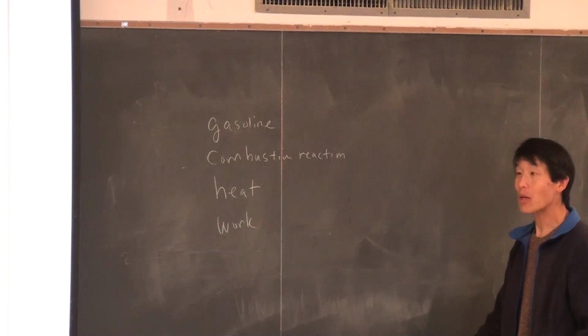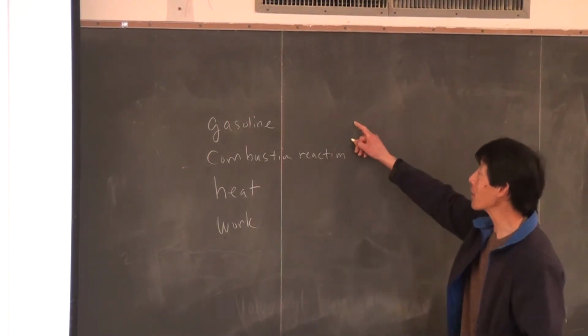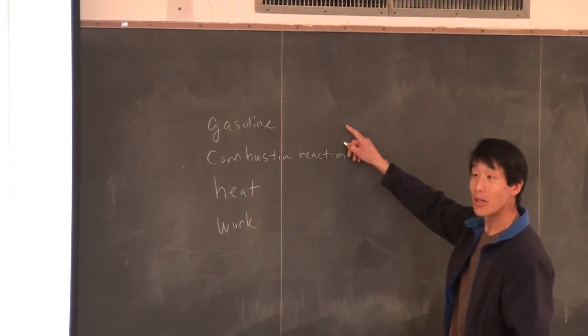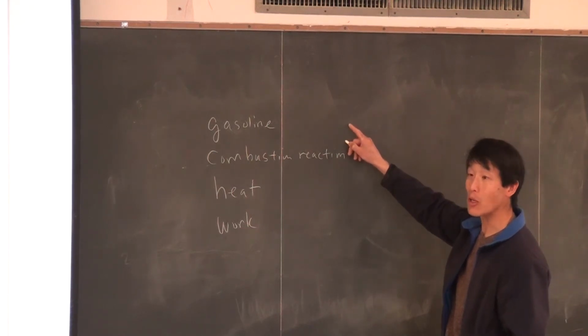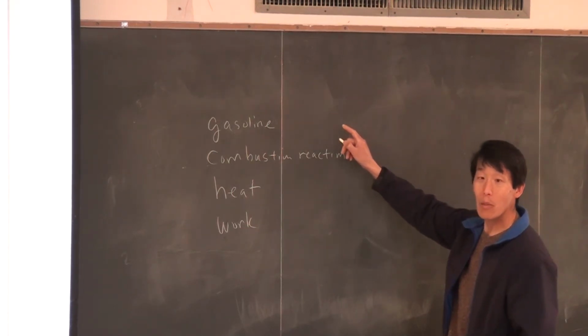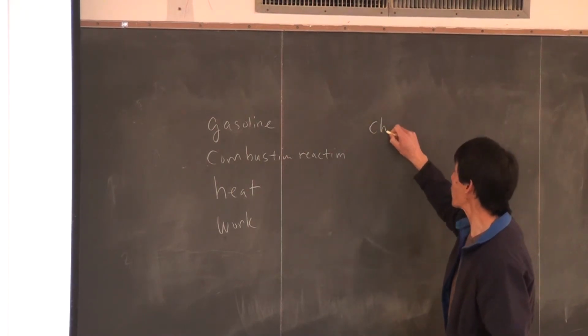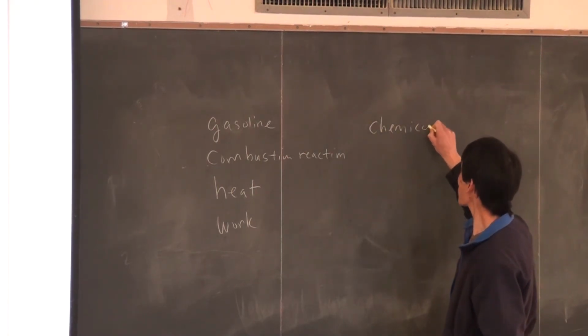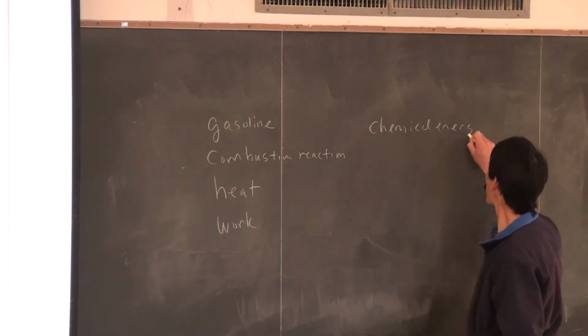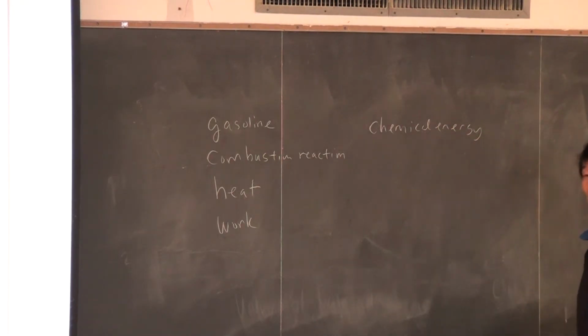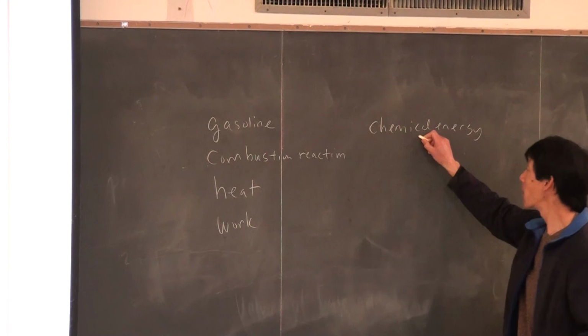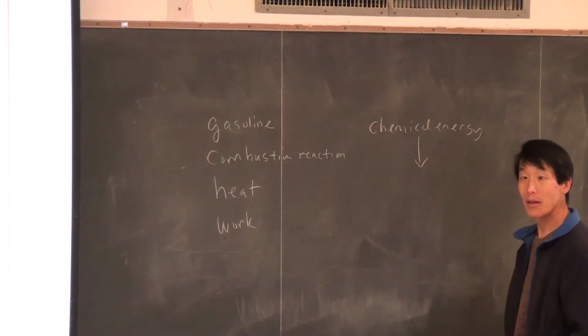So what are the different types of energies involved here? In gasoline, this is a chemical. Yeah, so we can just call this chemical energy here. That's from the potential and kinetic energy of these atoms and molecules. So that chemical energy is converted into heat.